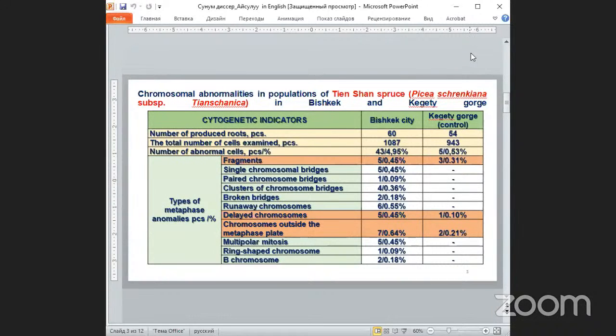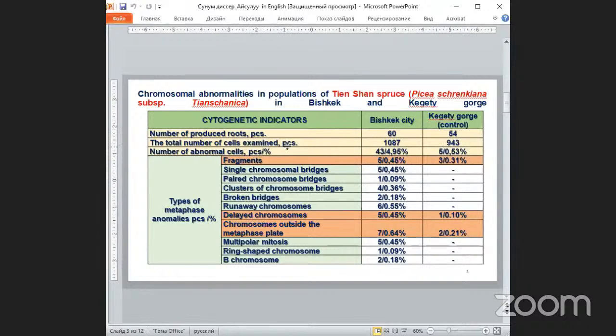In this table, we can see chromosomal abnormalities in populations of Tianshan spruce in Bishkek city and in the ecologically clean Kegeti Gorge. We were able to produce 60 pieces of roots from seeds we took in Bishkek and 54 from Kegeti Gorge.